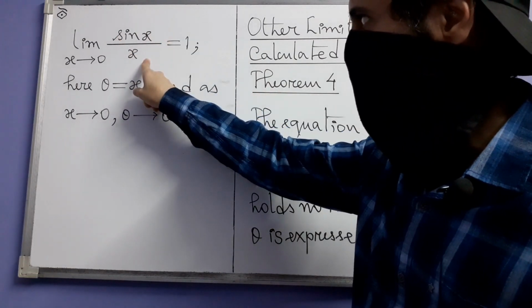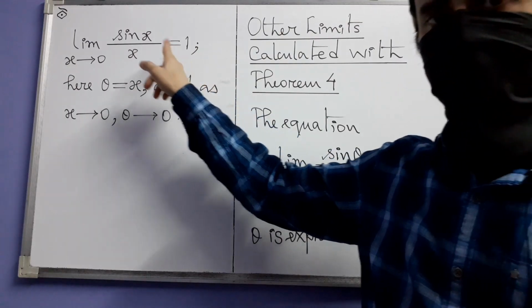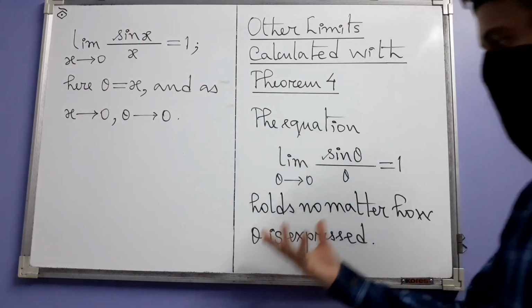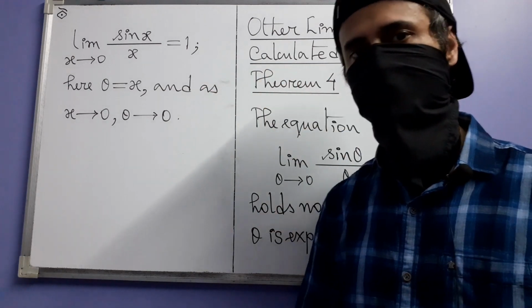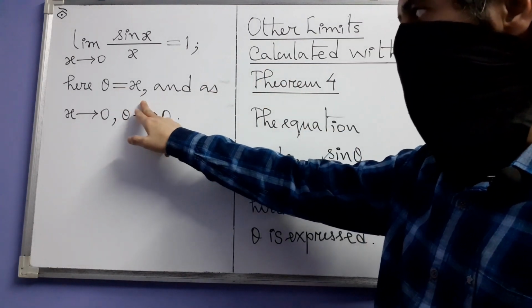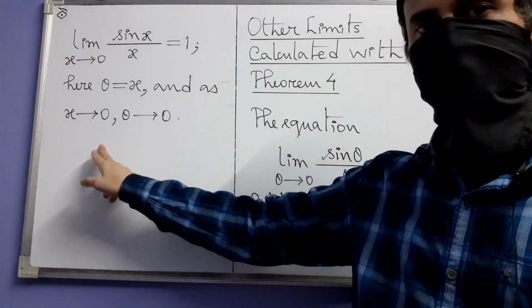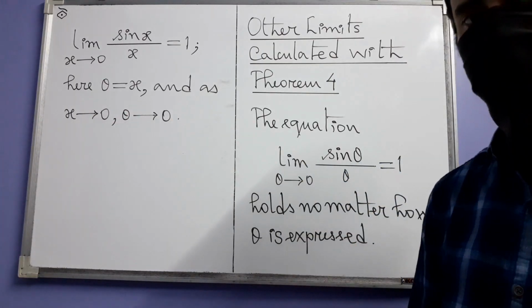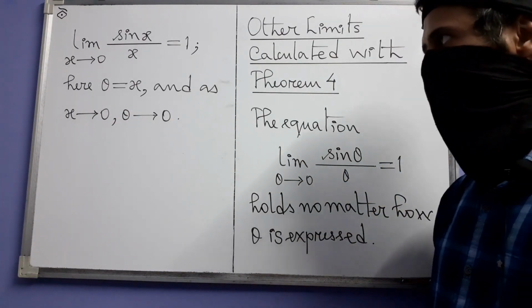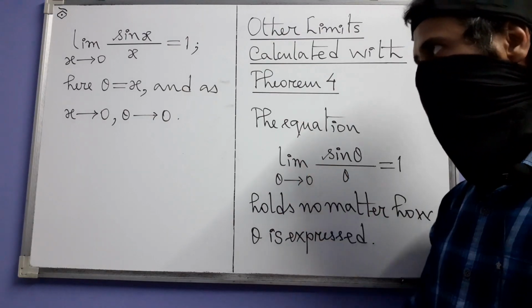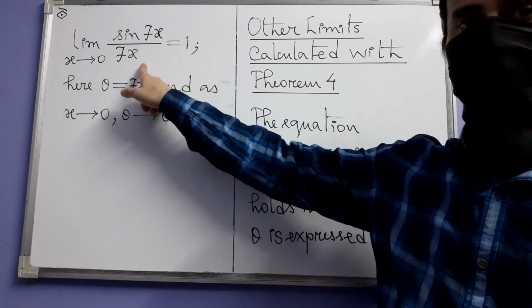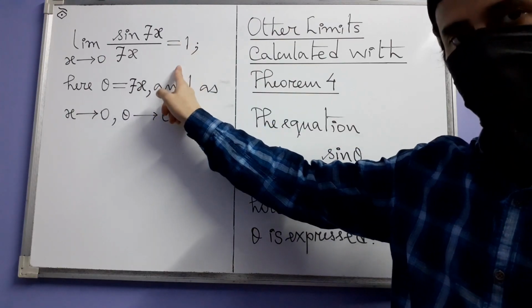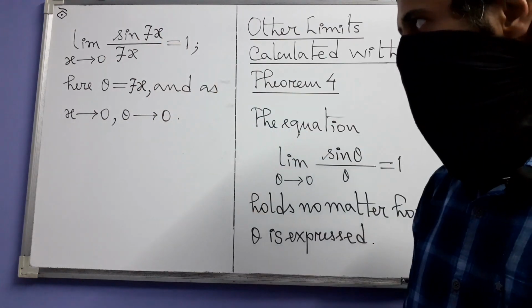Limit of sin x divided by x is equal to 1 as x approaches 0. Just like this one, and in fact it's from here that we have this. So here theta is just x, so as x approaches 0, theta approaches 0. And we also have this. Limit of sin 7x divided by 7x is also 1 as x approaches 0.